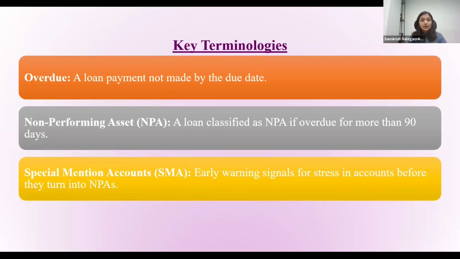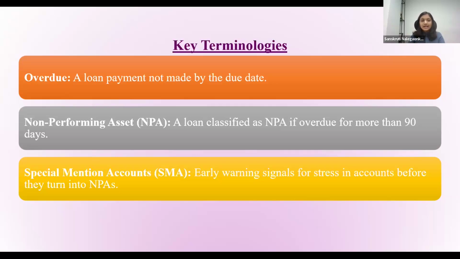Suppose your EMI due on March 31st remains unpaid for 0 to 30 days, your account falls under the SMA 0 category. This stage serves as an early warning signal for potential stress in the account. If the overdue period extends between 31 and 60 days, the account is categorized as SMA1, and if the non-payment continues for 61 to 90 days, the account moves to SMA2, signaling high risk.